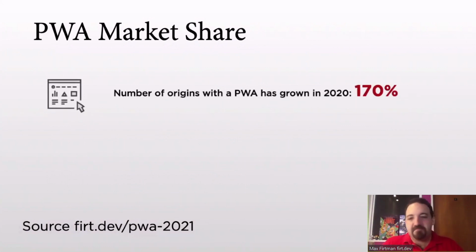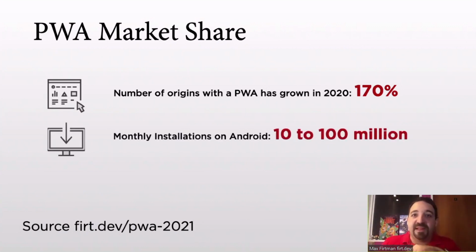Other information that I have here is coming from the Chrome team. The number of origins with a PWA has grown a lot last year. Okay, so you can see the growth is actually pretty big. This is getting bigger and bigger every year. And in terms of monthly PWA installations on Android, it's between 10 and 100 million, just for us to have a reference on how big the PWA market share is.